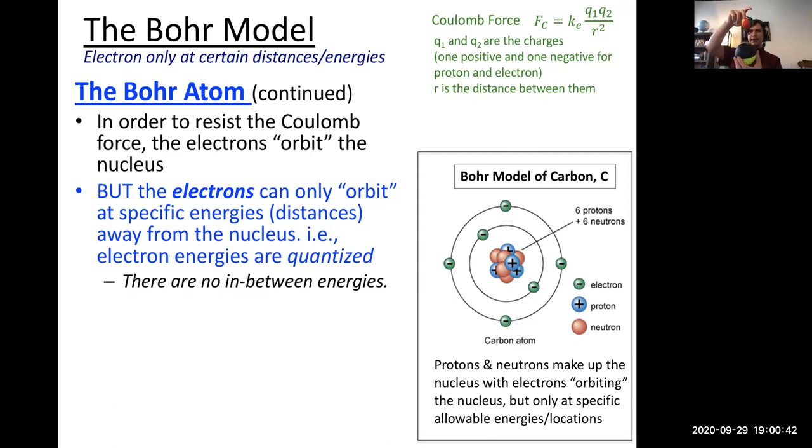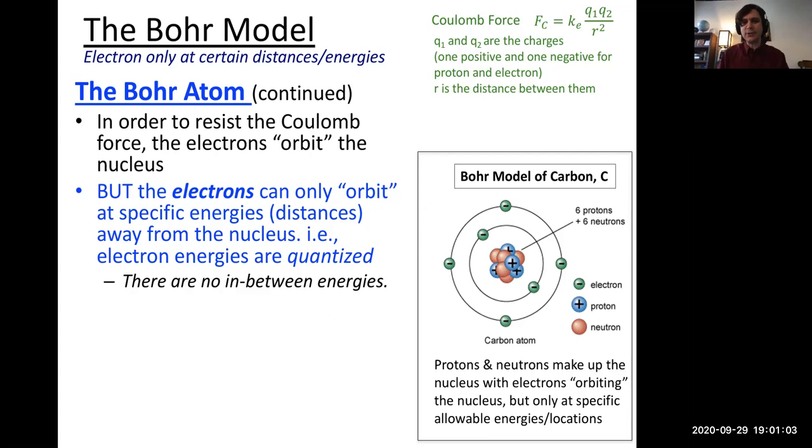So here I have, say, one distance away that the electron can orbit. If I wanted to move it to a further distance, that takes energy, right? So one way to think about it is, instead of being restricted to certain distances, it is restricted to specific energies.